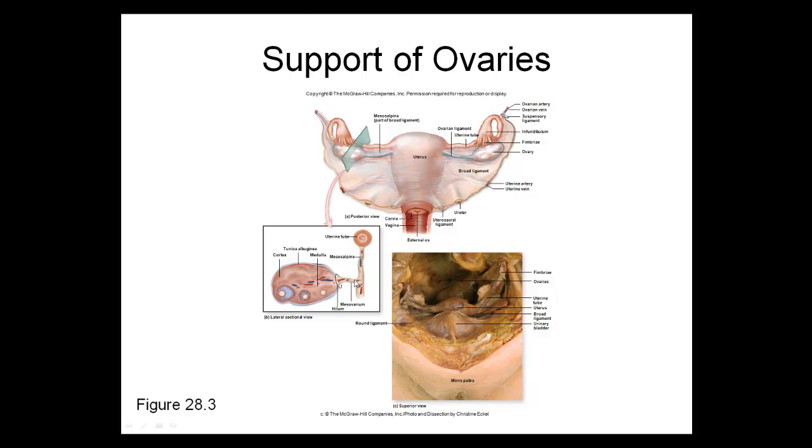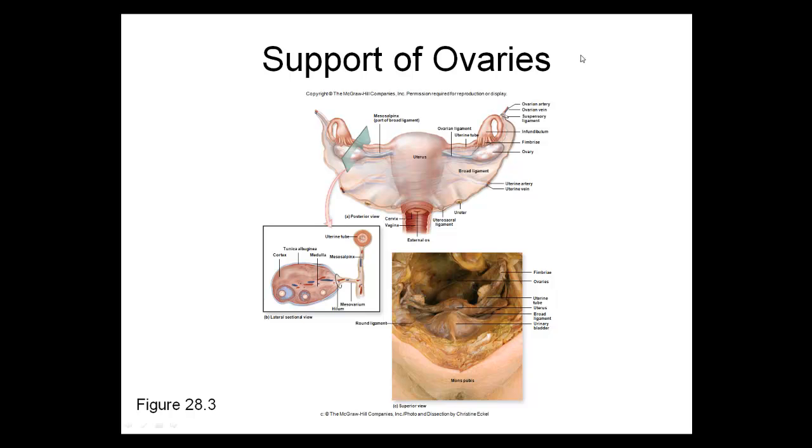This kind of folding gives us a mesentery, and if you remember, this is what we called mesocolon when it was attached to the colon. But here it's attached to the ovaries, so we're going to call it mesovarium. So that's our 3rd ligament.